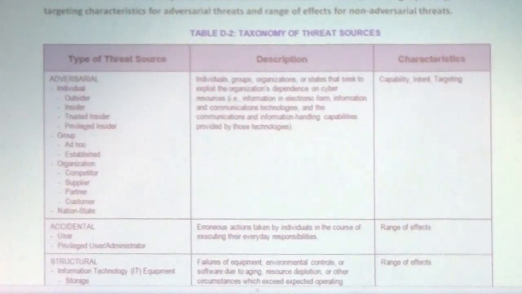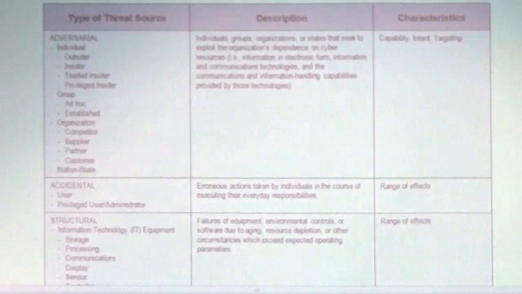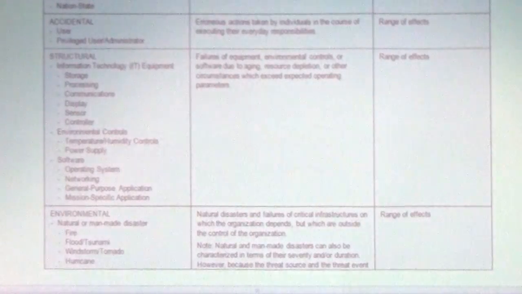So even if we have a hard, crunchy exterior, that's not going to help us against insider threats. And then we have our non-adversarial threats. We have inadvertent threats, accidental. They didn't do it on purpose, but it still caused a big, giant problem. And those can be caused by users or privileged users. And then we have structural problems, equipment failures and so on.